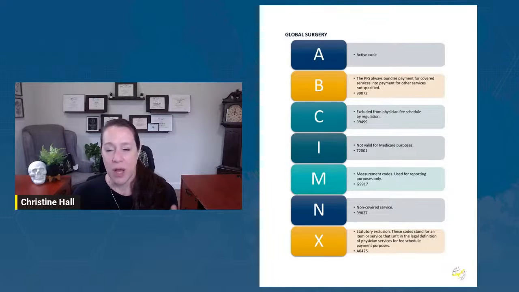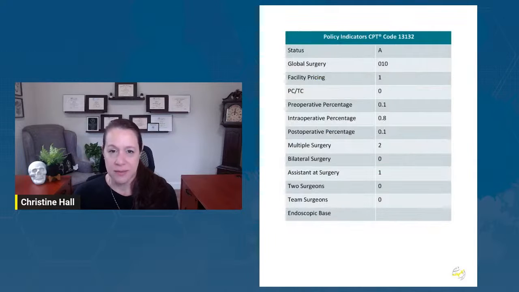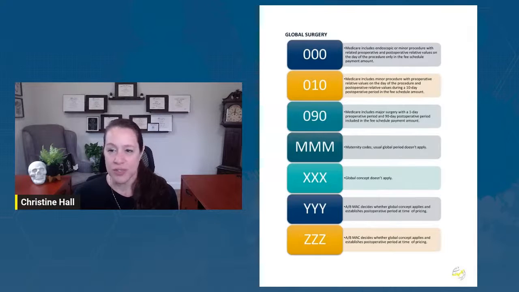Now, remember, if we go back to our code description, the next area that we see is the global surgery. Let's click over to global surgery and see what that means to us. So each CPT code is assigned a global surgery. 000 just means that this is maybe an endoscopic procedure or a minor procedure.